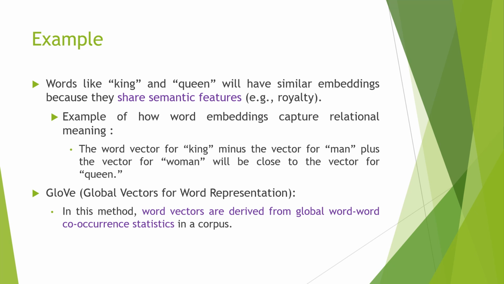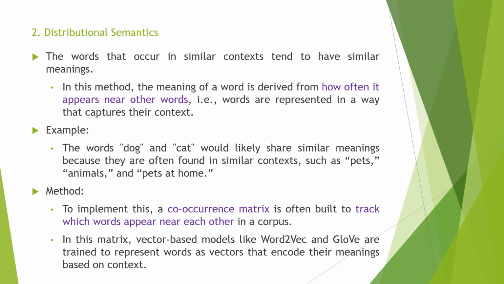So the global representation for words usually follows word-to-word co-occurrence matrix in a corpus. From which it will generate a word representation, and there is a distributional semantics where we focus on words which are having similar context and which will convey similar meaning.